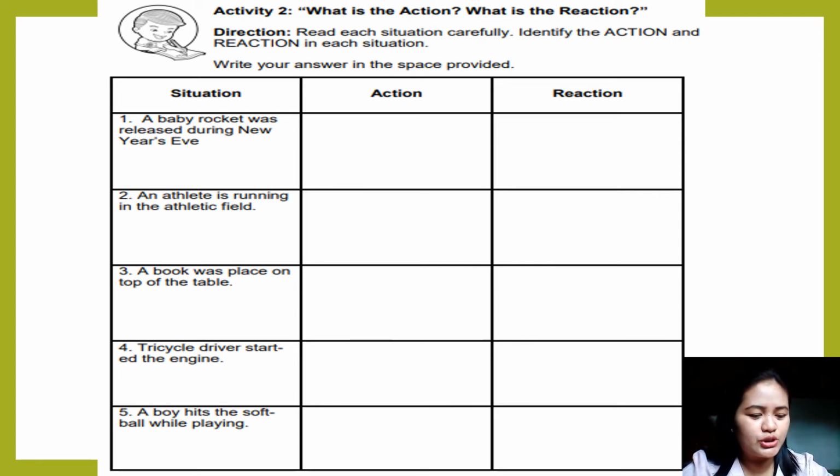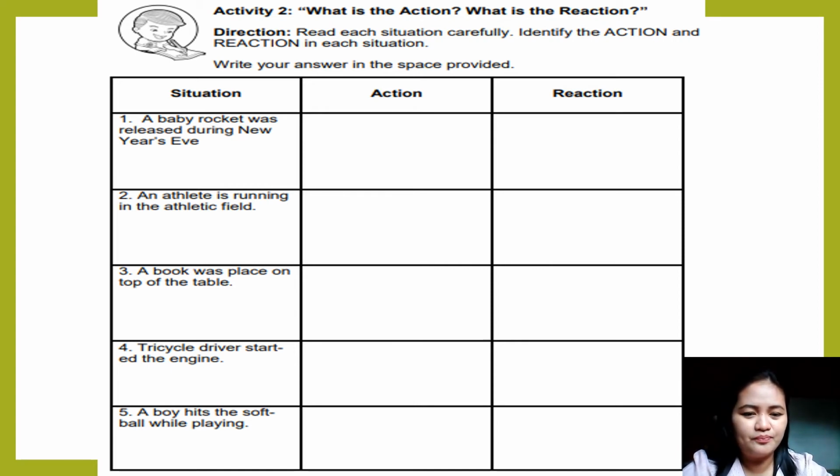The tires push the road backward, and then the road pushes the car. Bakit naging car? The tricycle forward. So, what are the two objects interacting in number 4? It's the tricycle, particularly the tire or the wheel, and the road. Number 4, sinabi ko na yung sagot, just pay attention.